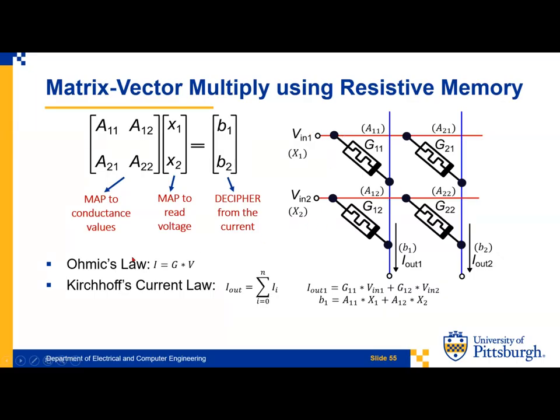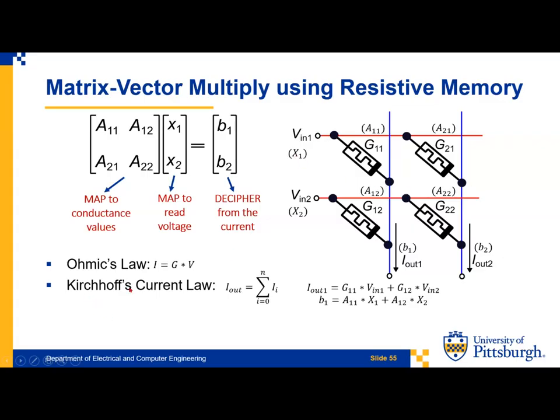So follow Ohm's law. We expect this point will be G11 times the voltage V in 1, right? So actually, back to the formula, it is A11 times the X1 here.